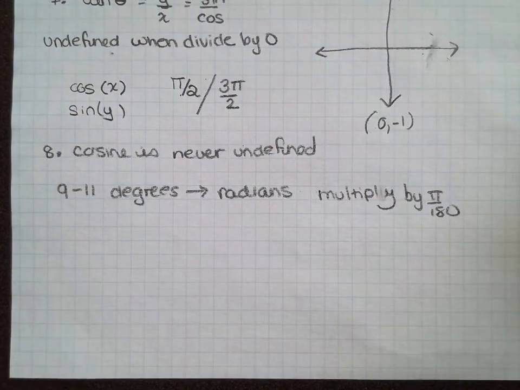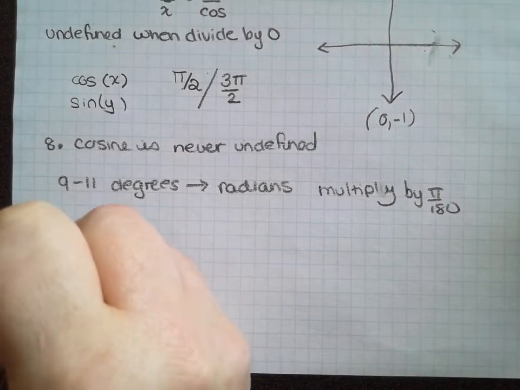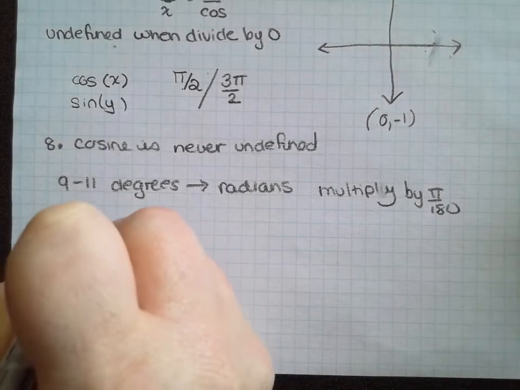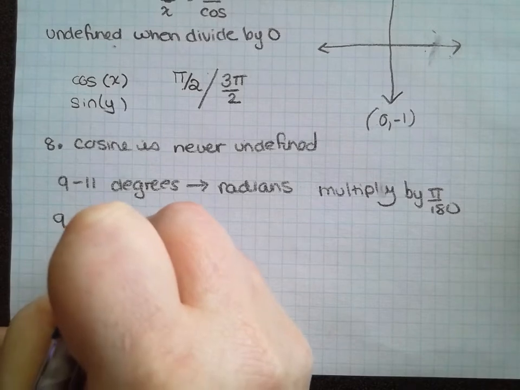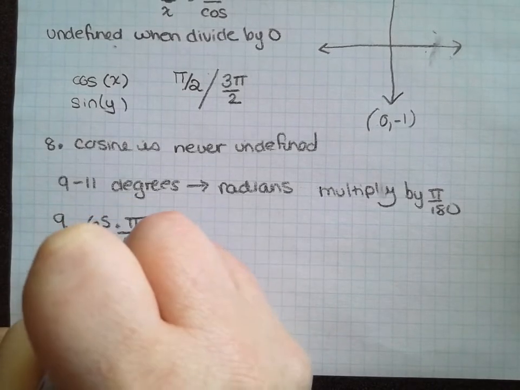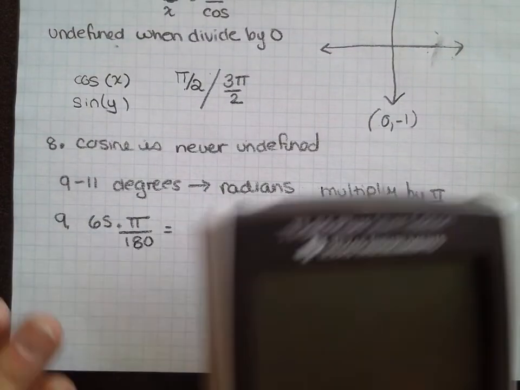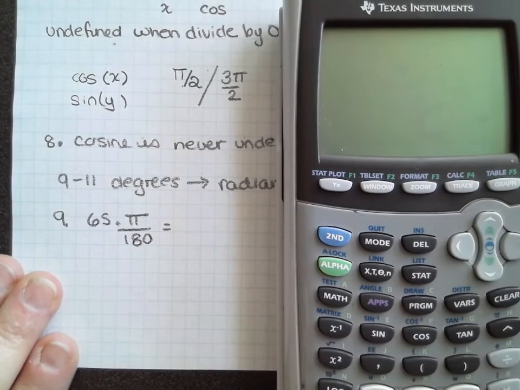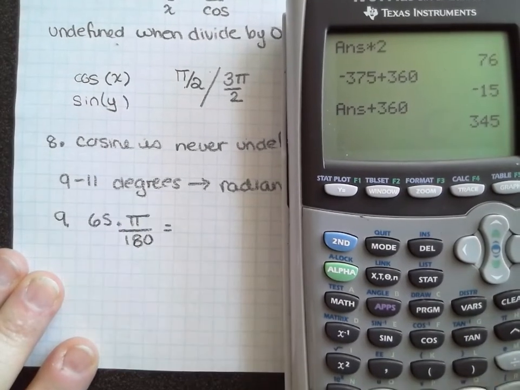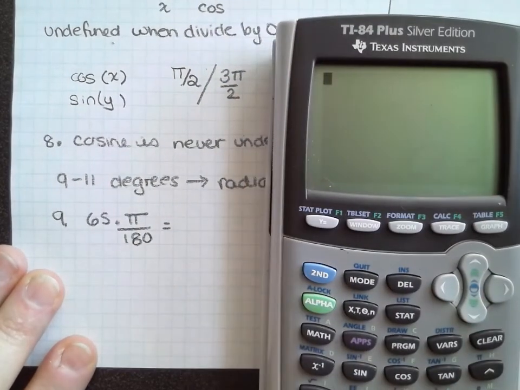So let's start off at 9. So 9 is equal to 65 degrees. So I'm going to do 65 times pi over 180. So one of the things that I tell you guys to do is to go ahead and take your calculator. And remember how I always say just ignore pi.